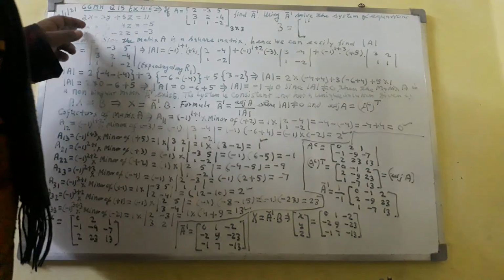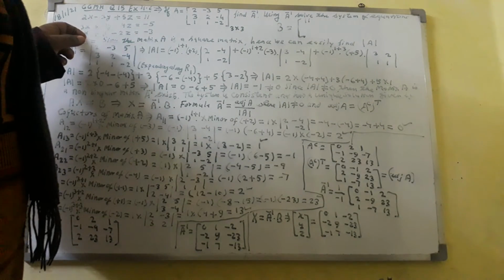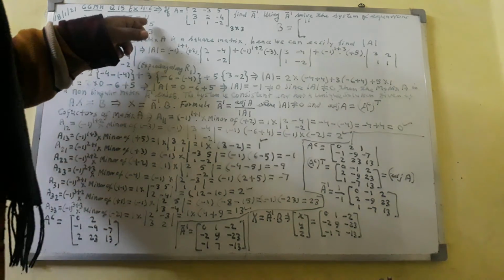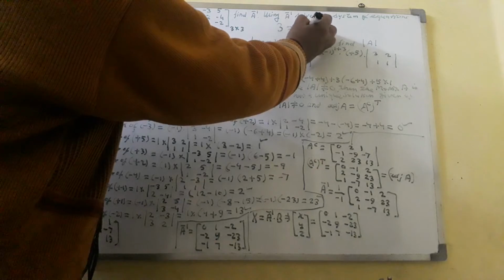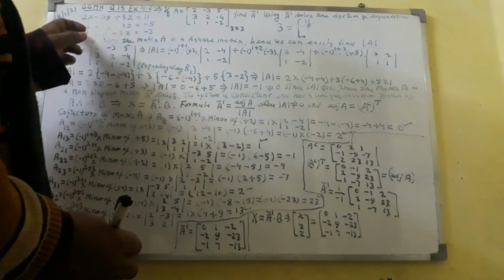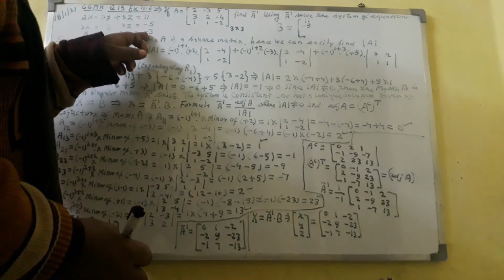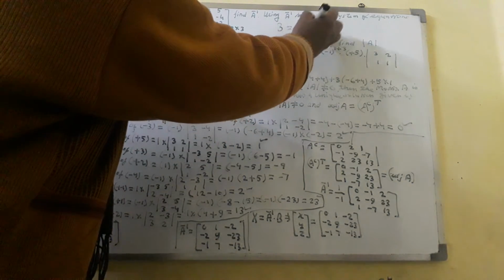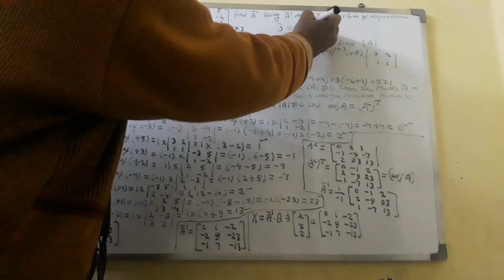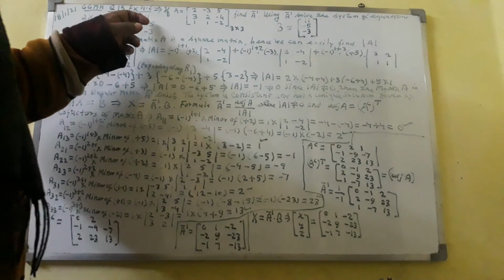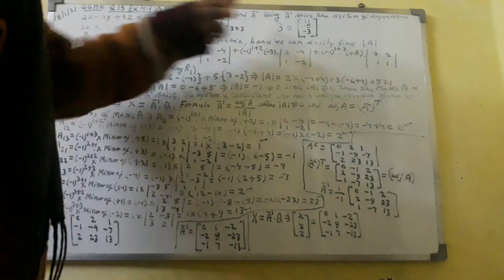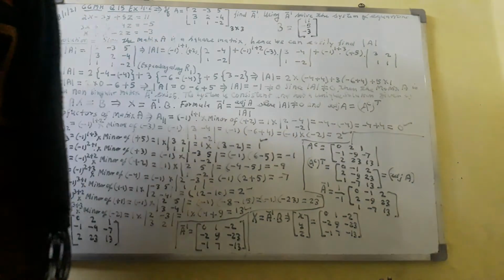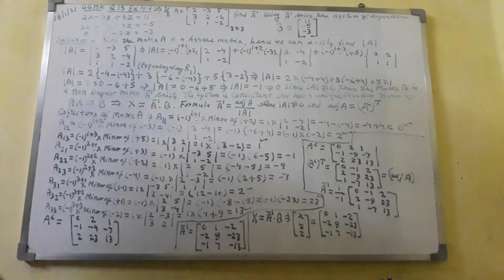Here write 11. This equation is the second equation, so here write -5. Take the constant -5. And this is the third equation. From the third equation, take the constant as -3. So you have formed matrix B: in sequence 11, -5, -3. I have written it, and the same thing I am going to reflect here.